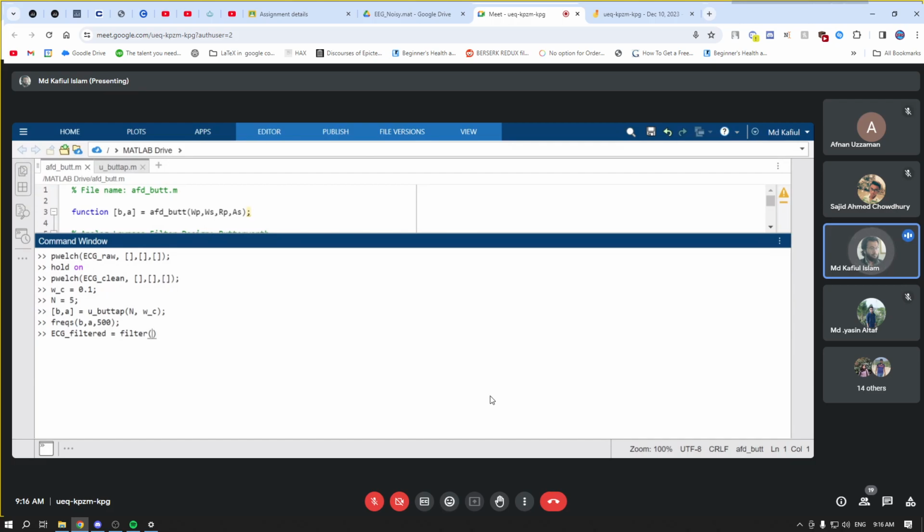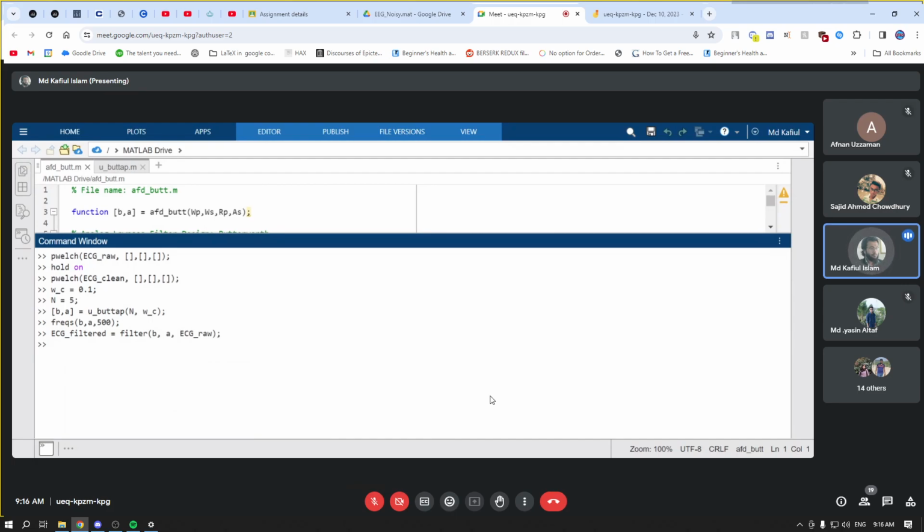There is a built-in function, filter, and all it requires is B, A, and X. We already know B and A, and our X is the noisy signal, ECG raw. So we applied the filter now.